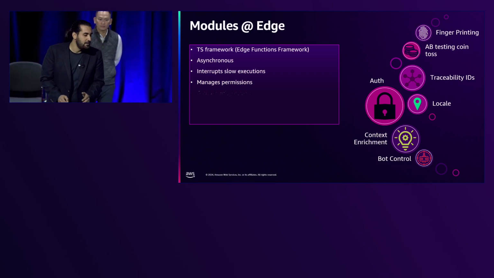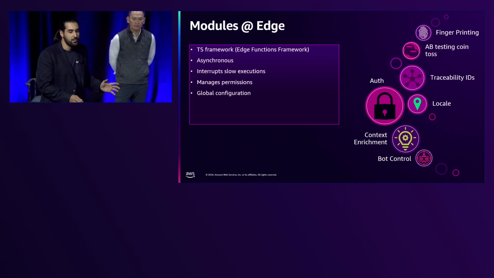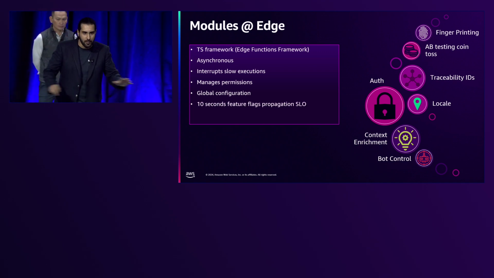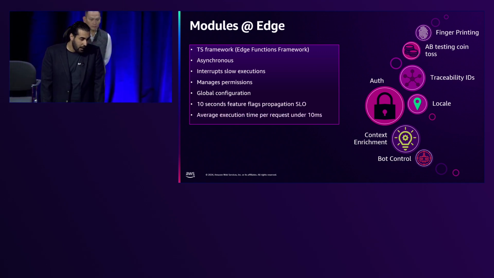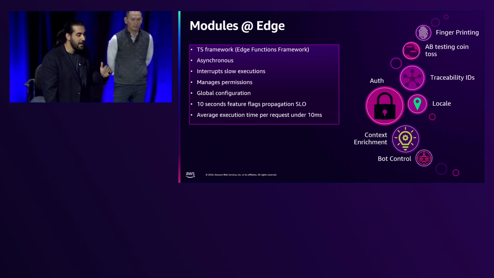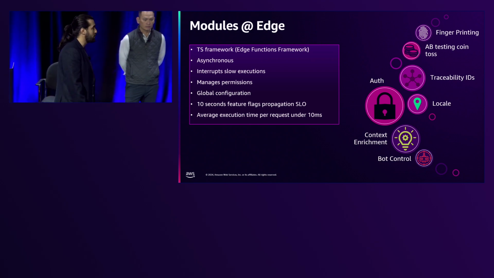So we also decided to build a global configuration object where we can easily turn on and off any of the submodules, or if we see anything wrong, we should be able within 10 seconds to propagate a configuration that will be there everywhere. And finally, we kept our SLO, or objective of latency, under 10 milliseconds, executing those multiple submodules.